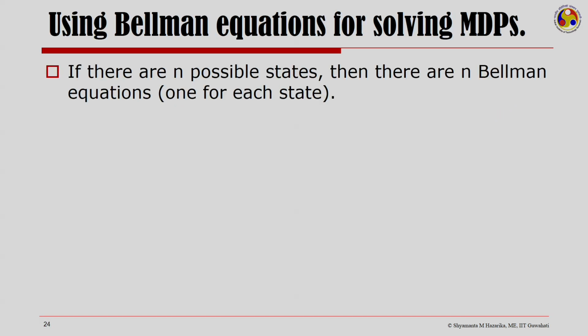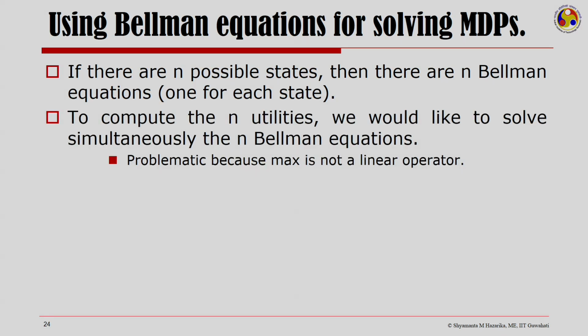So, using the Bellman equation, we can look at n possible states. If there are n possible states, then there are n Bellman equations, one for each state, and to compute the n utilities, we would love to solve the n Bellman equations simultaneously. Now, this is problematic because in the Bellman equation, the function max is not a linear operator.